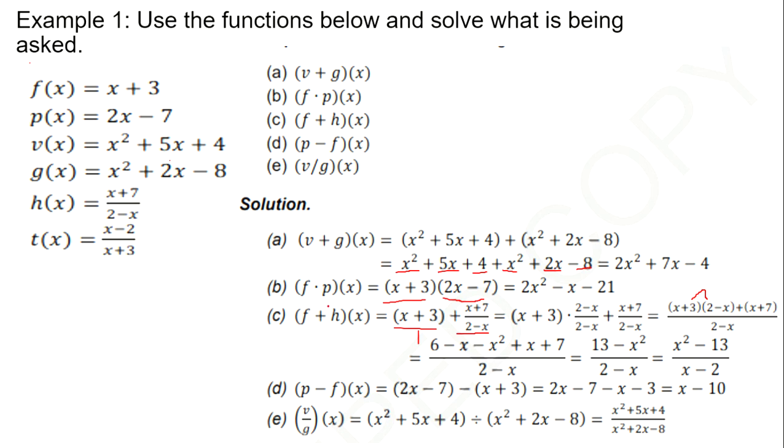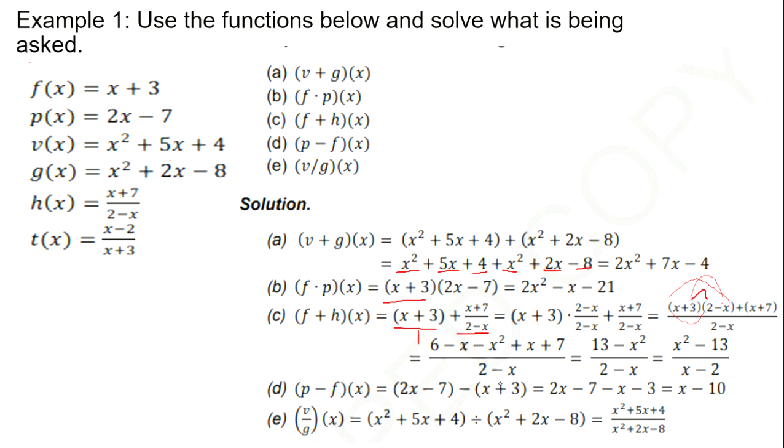Next, x times negative x is negative x squared. How about the other one? 2 times x is 2x. 3 times negative x is negative 3x. Negative 3x plus 2x is negative x. Then copy x plus 7, and copy the denominator 2 minus x.